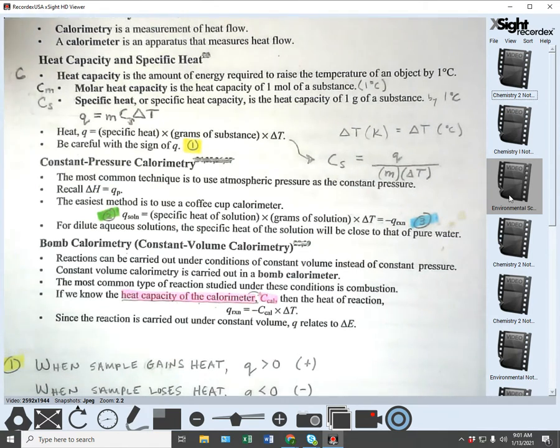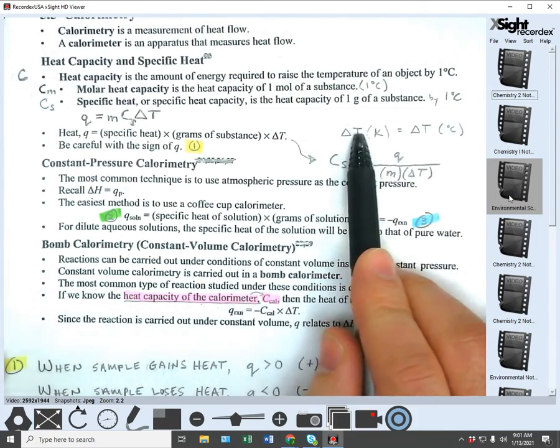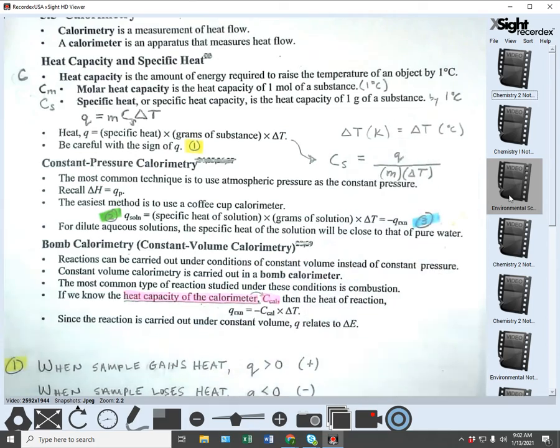They're different numbers on the scale: 0 degrees Celsius is 273 Kelvin. But if you go up 1 Kelvin, it's also going up 1 degree Celsius. So since this is a change in temperature, you can just swap Celsius and Kelvin for whatever you need. Okay. All right.